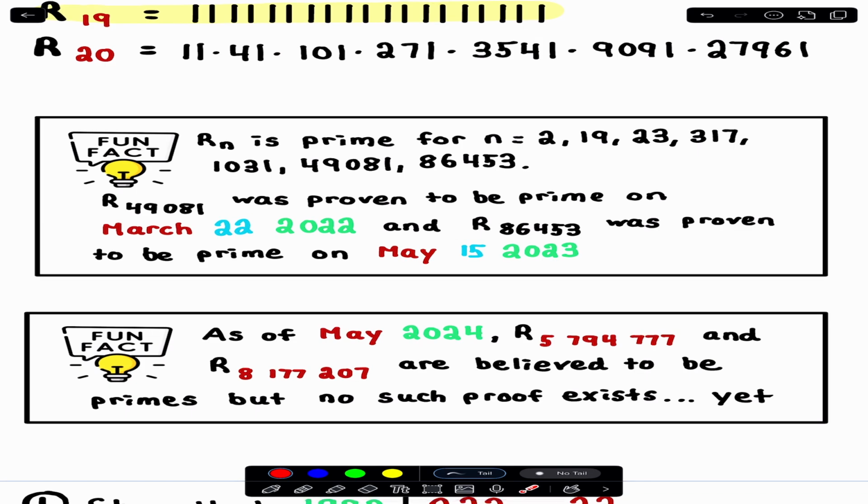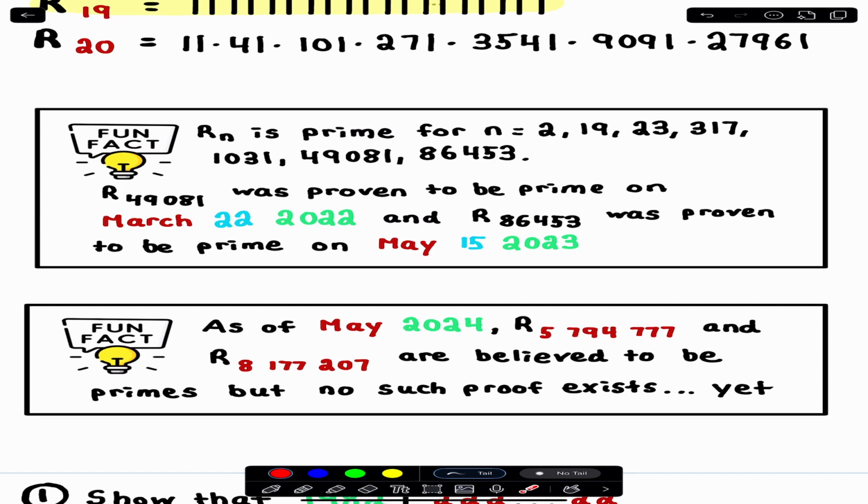And even more recently, actually, as of May 2024, these two huge numbers, so that's 5 million copies of 1 and 8 million copies of 1, they are believed to be primes, but no such proof exists. And I say yet, because we might get something very soon. Who knows? I don't know. It's quite a big step to go from 86,453 to 5 million, but who knows? Maybe it can be done.